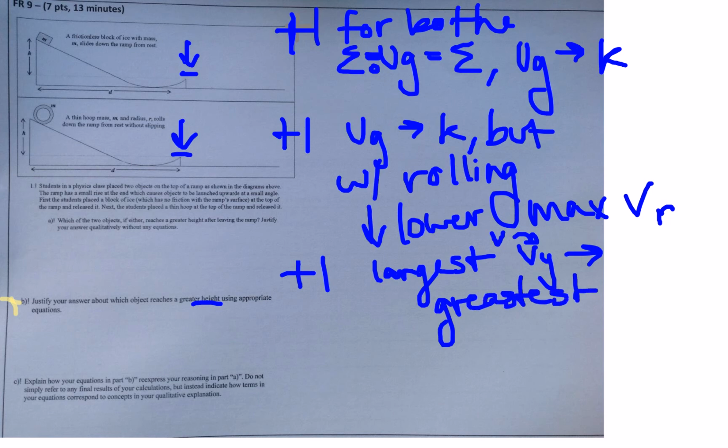The more velocity you start with, the higher you can go, because acceleration would be constant for either of them. And therefore, and you could have stated this anywhere, the height of your ice is going to be greater than the height of your hoop or your roller. So there are the 3 points for that.